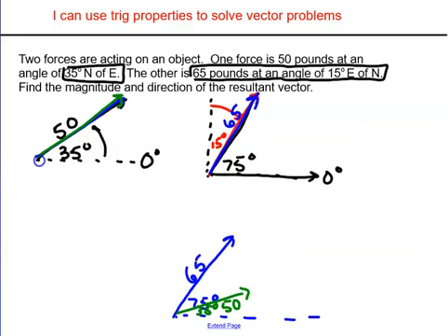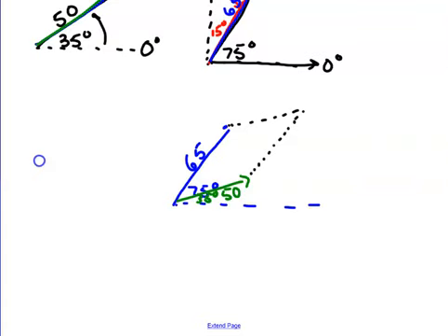Okay, so I'm going to make a parallelogram. So I'm going to try to go parallel to the bottom, parallel to the side there. This isn't very parallel. The other trick is you want to make it big enough so that you can see your angles so it doesn't get too scrunched.